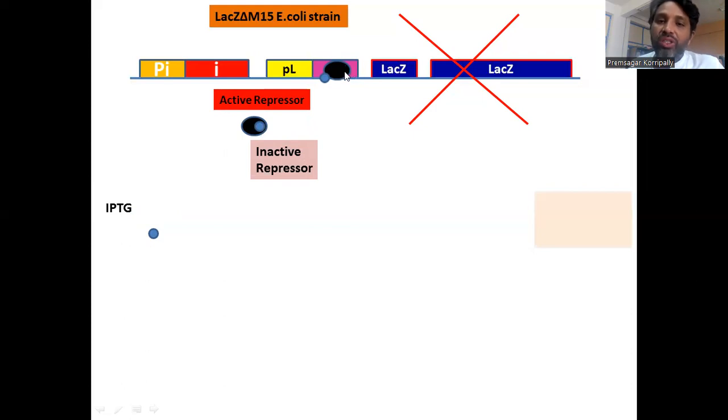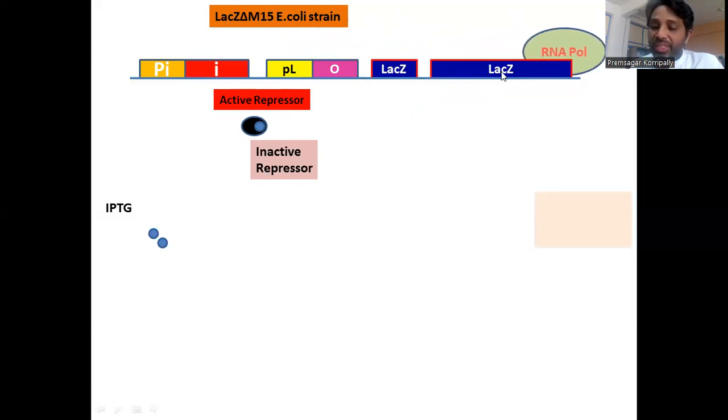Instead, it dislodges from the operator. Now the operator region of the lacZ promoter is free. In that condition, RNA polymerase comes and binds to the promoter and transcribes the lacZ gene, and mRNA is synthesized.